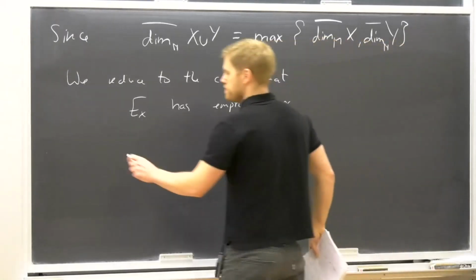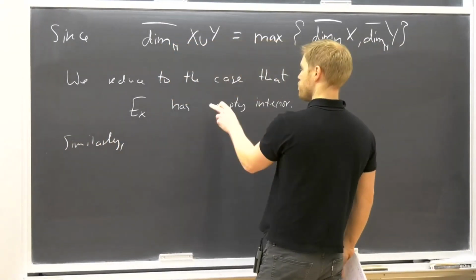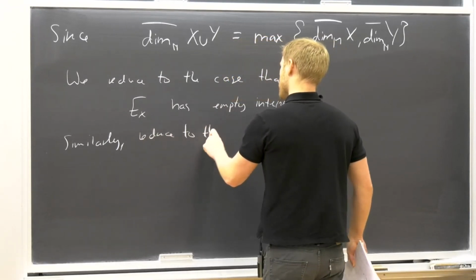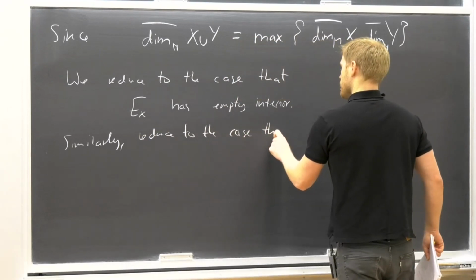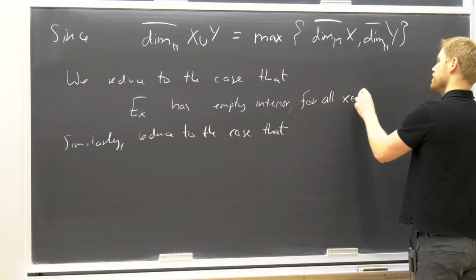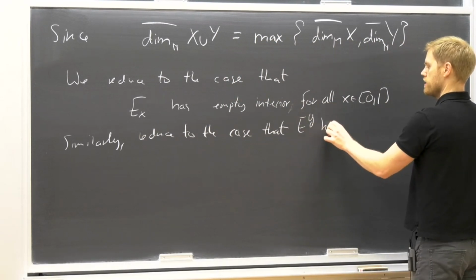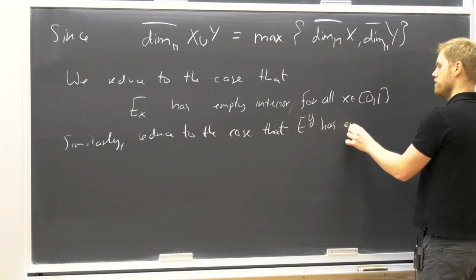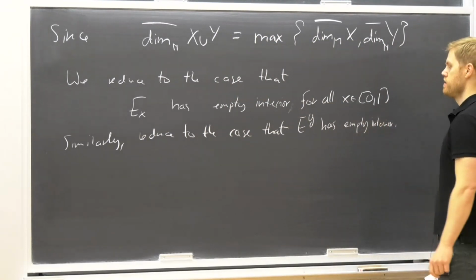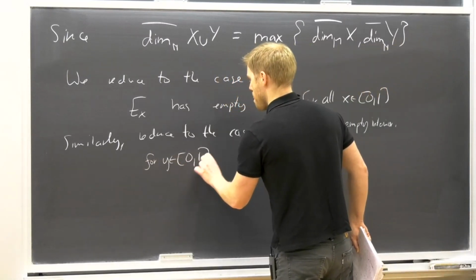So similarly, reduce to the case that the other fibers, so this is always for all x in [0, 1], so that the E^y have empty interior for all y in [0, 1].